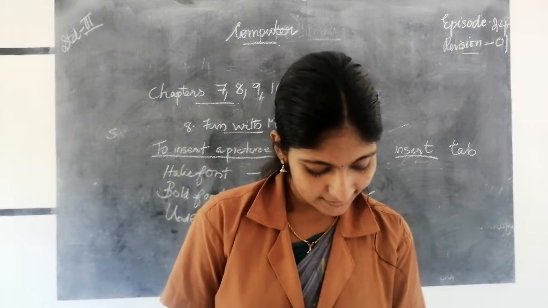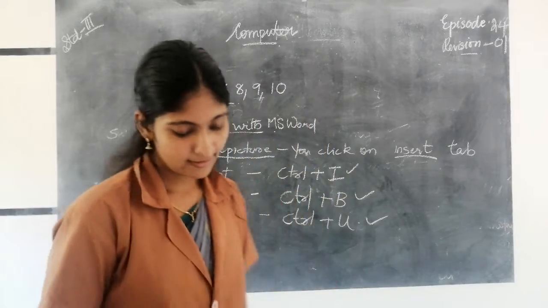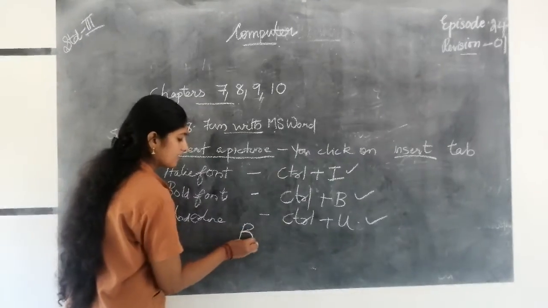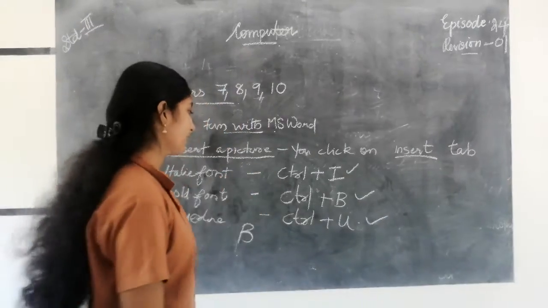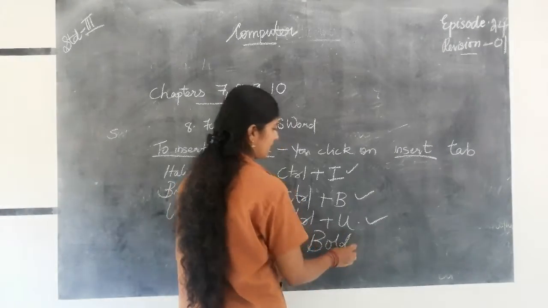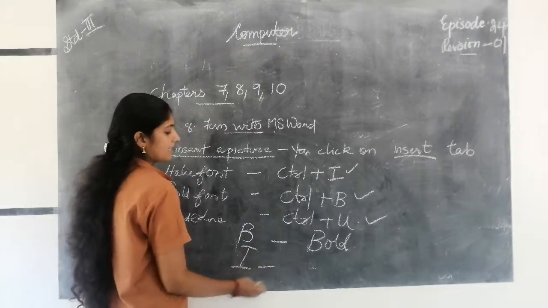Then next, the icon represents buttons. B is the icon. B icon represents bold. Then I icon represents italic.